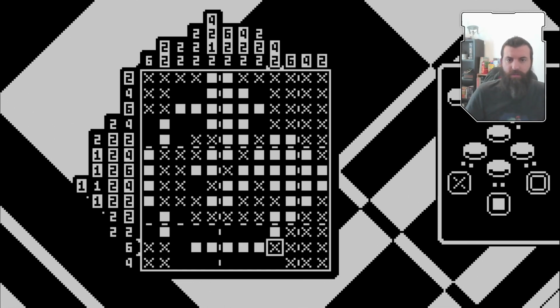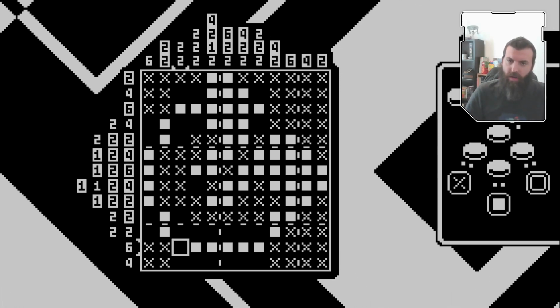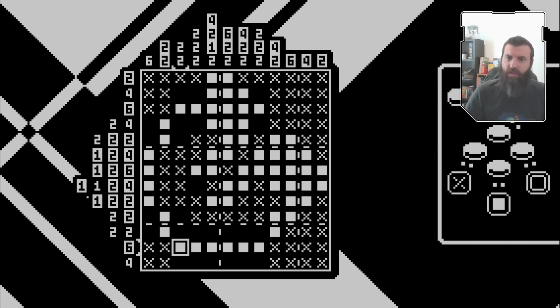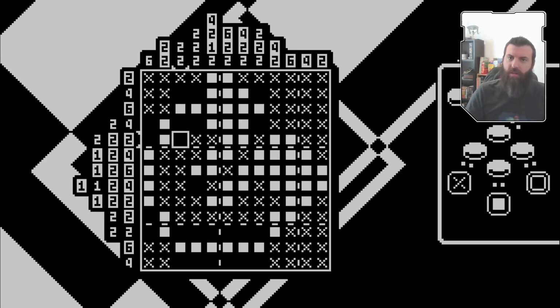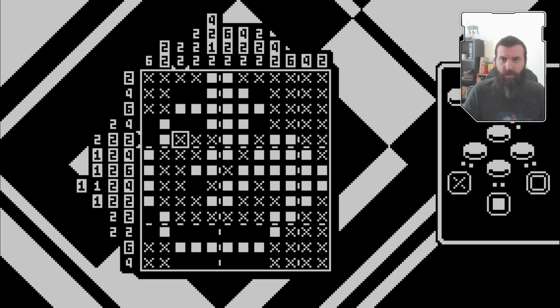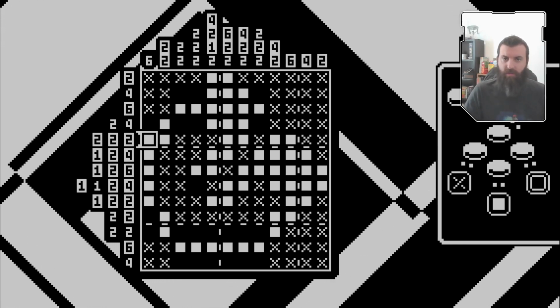Our vertical 2 has to be like that. That column, which is the right edge for our horizontal 6. That tells us, hey, we can't have a pixel here or a pixel here. Those vertical 2s, this right edge for this horizontal 2.